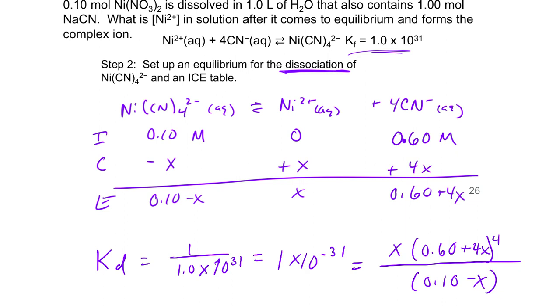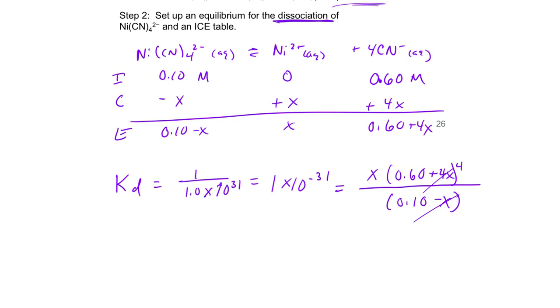In these cases, where we're subtracting or adding X, we can assume that X is small, given 10 to the minus 31 for our KD value. And so we're going to end up with KD equals X times 0.6 to the 4th divided by 0.1.